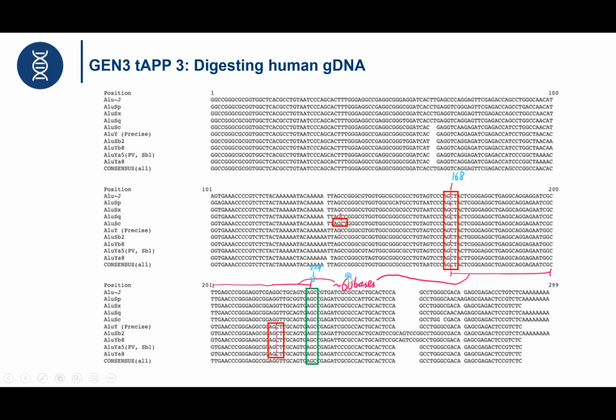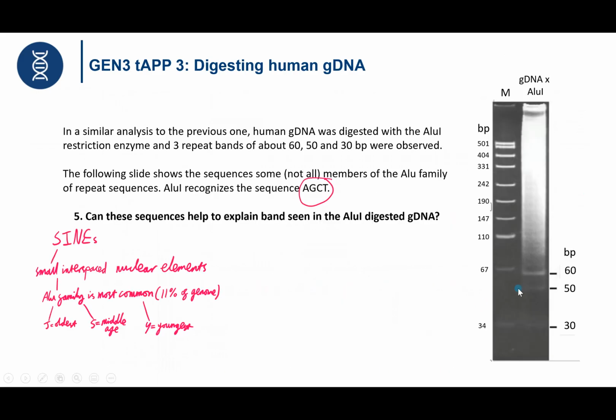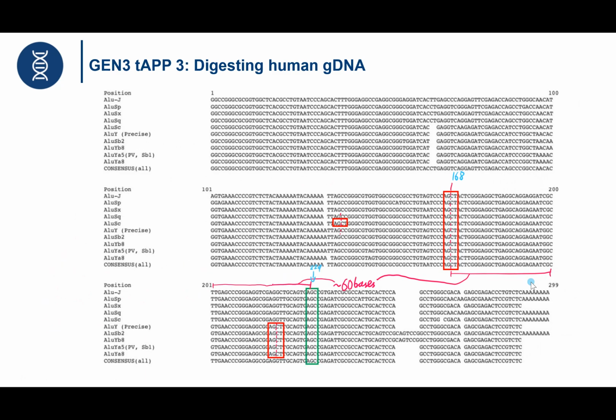And then you couple that with the fact that all of these sequences are also found at many different locations, means that this 60 base DNA fragment is going to be the most prevalent, and you actually see that here. So you can see the 60 base band is the most visible, and that's because it's got the most DNA fragments, right? And so now you know why.